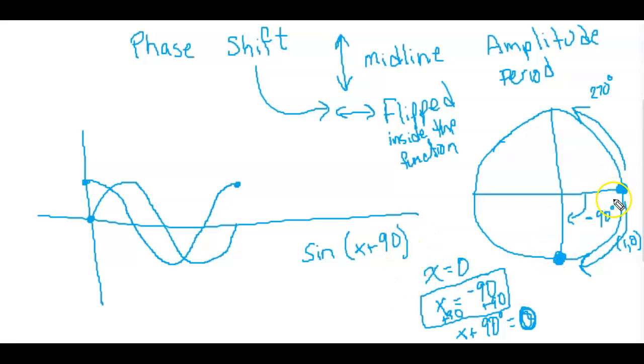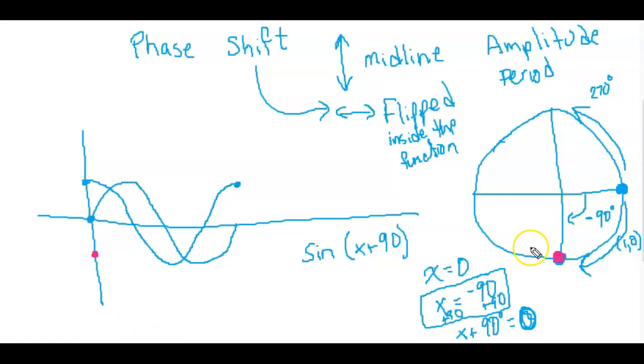This would make my circle, instead of starting here, start here. So if we think about what that does to the actual graph, instead of sine starting at 0 here in the middle, it's actually at time 0, it's down here at the bottom of the loop.